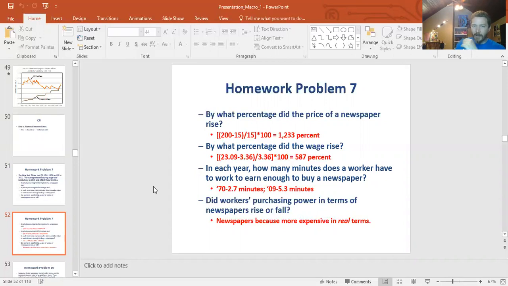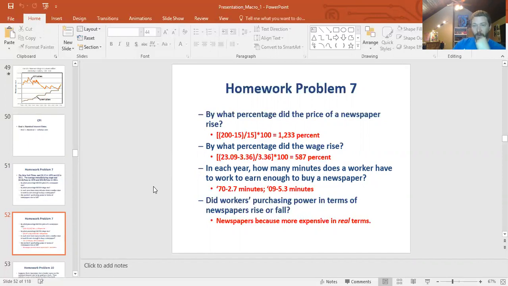You work an hour, make $3, make $23. That's not what matters. What matters is how much stuff you can buy. If you look at these figures, just do the math on your own. The math is all simple arithmetic, so I'm not going to go through that. But you'll see in 1970, you had to work 2.7 minutes to buy a newspaper at the wage that prevailed in 1970. And more recently, you had to work 5.3 minutes to buy a newspaper.